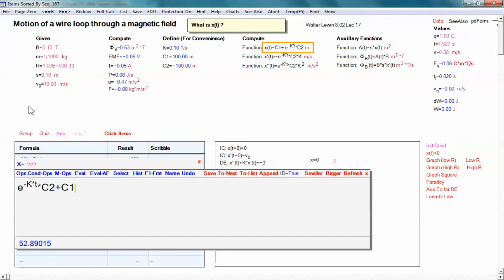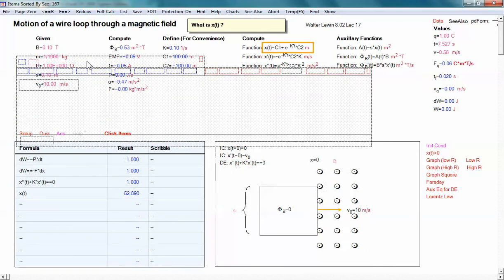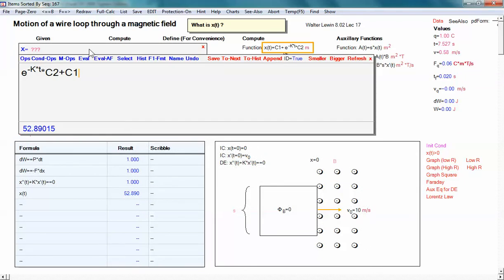So that's my formula for x of t. And I don't quite know what C1 and C2 are yet. As far as the differential equation is concerned, they could be anything. This formula would satisfy the differential equation. But if I wanted to satisfy my initial condition, C1 and C2 have to be something specific. So to figure out what they are, we just do the substitutions.